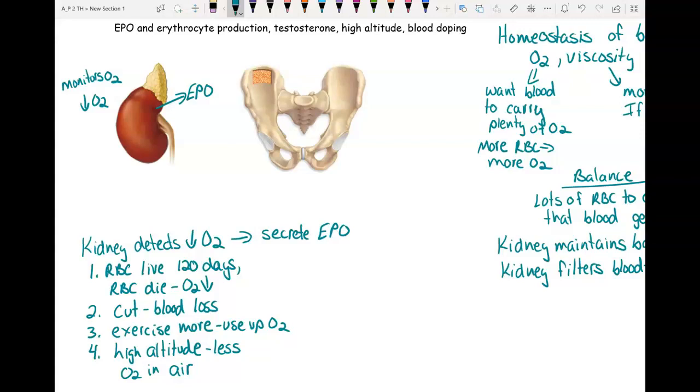Remember that you have red bone marrow like in your skull, in your hips, in your vertebrae. It's pretty much in your torso area. EPO stimulates that red bone marrow. And it will cause the red bone marrow to make more red blood cells.